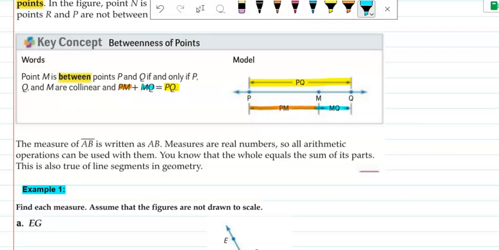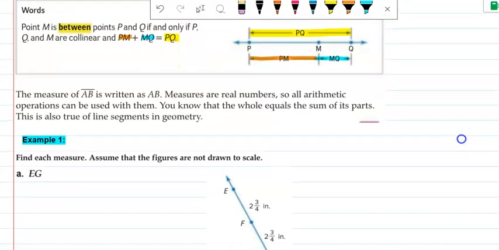You might walk so far and then you might stop at the water fountain and fill up your water. You might pause for a second and talk to a friend and then you continue walking. That doesn't change the distance that it took you to walk from one class to the other. You took a pause, but you kept walking, and it's the total distance if we add those two up.